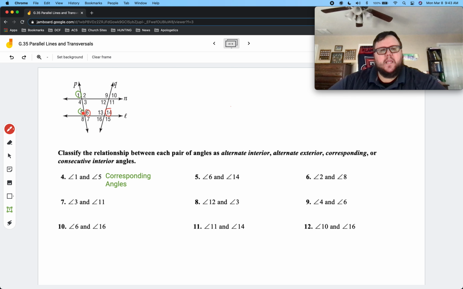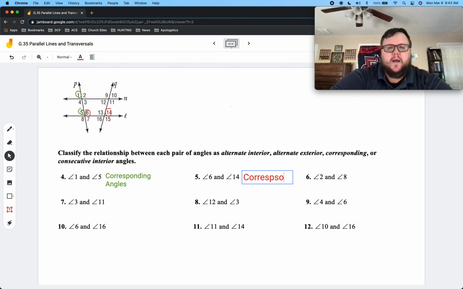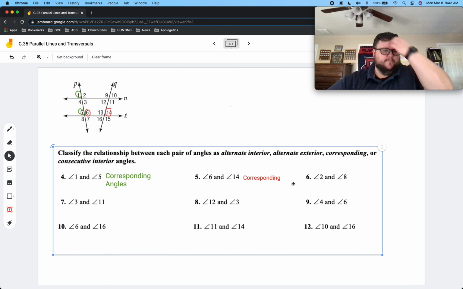If I were to cut this line and slide it over, you would notice 6 and 14, they line up in the same spot. So these are corresponding angles as well. And you don't have to write angles. You could just say corresponding at this point. So those are corresponding.